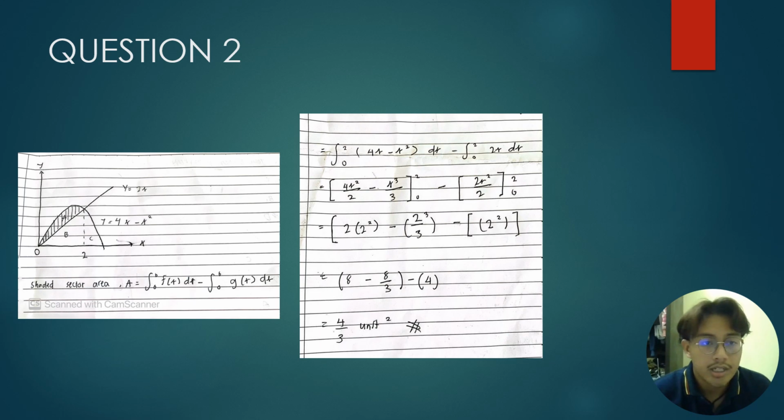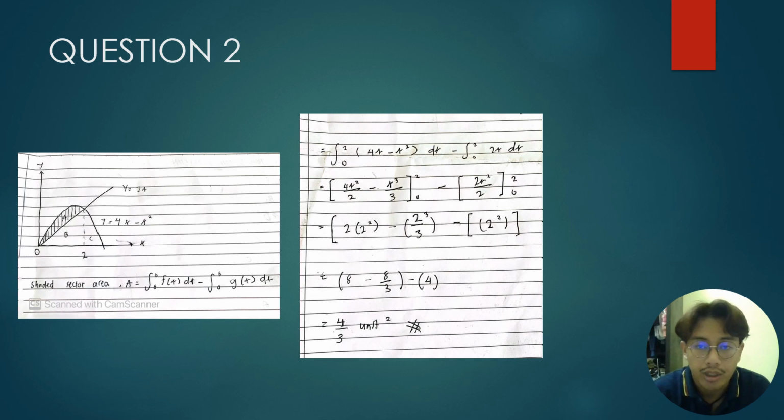Okay, the question is about finding the shaded area, which I put as A. There is an equation in the picture, and after we solve the equation, we will get 4x squared over 2 minus x to the power of 3 over 3 minus 2x squared over 2.